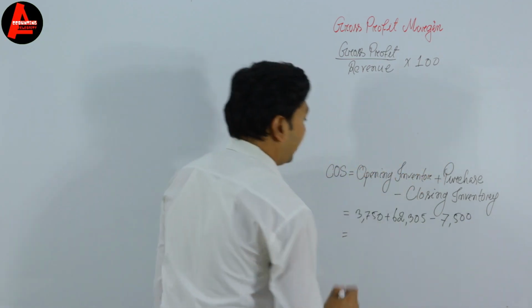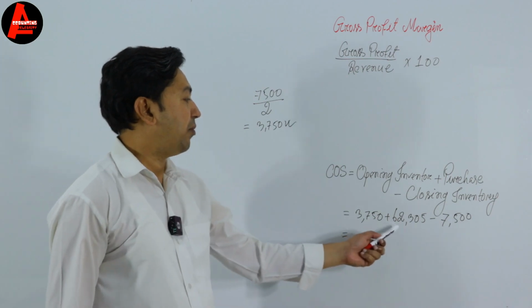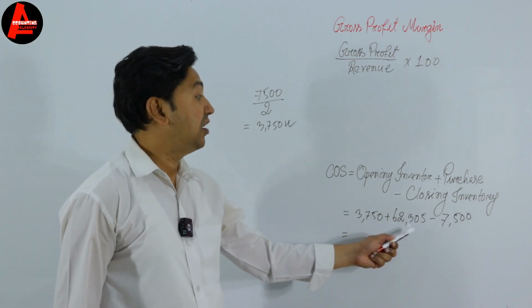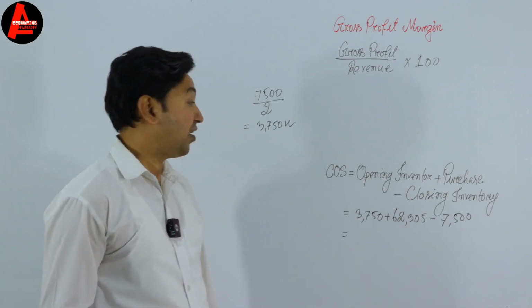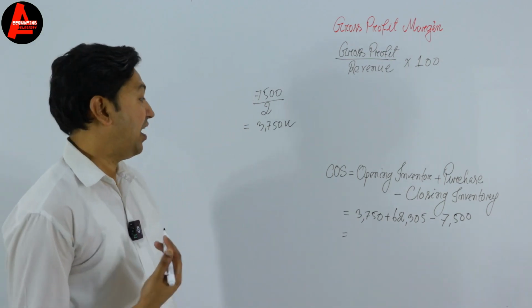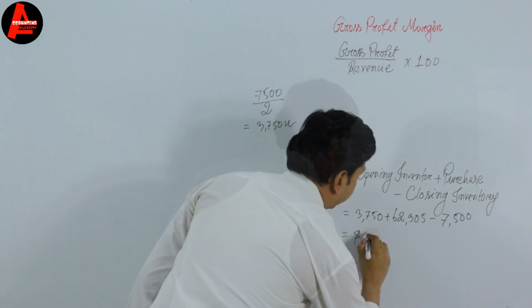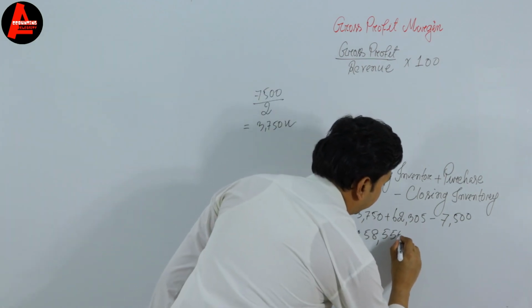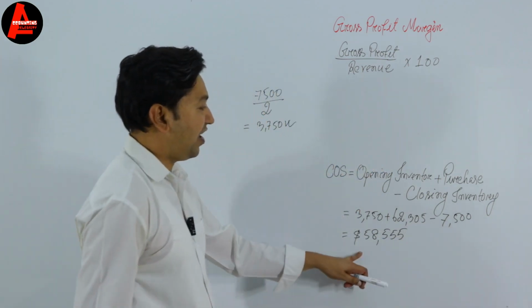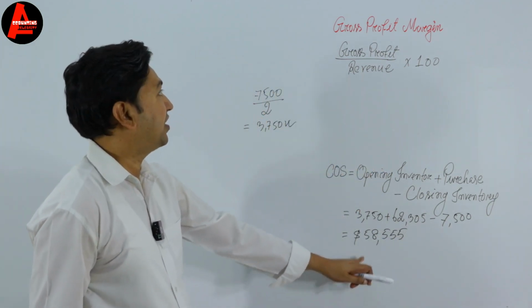If we add these two amounts and from the addition subtract $7,500, we will get our cost of sales, and it is $58,555. Okay, our cost of sales.